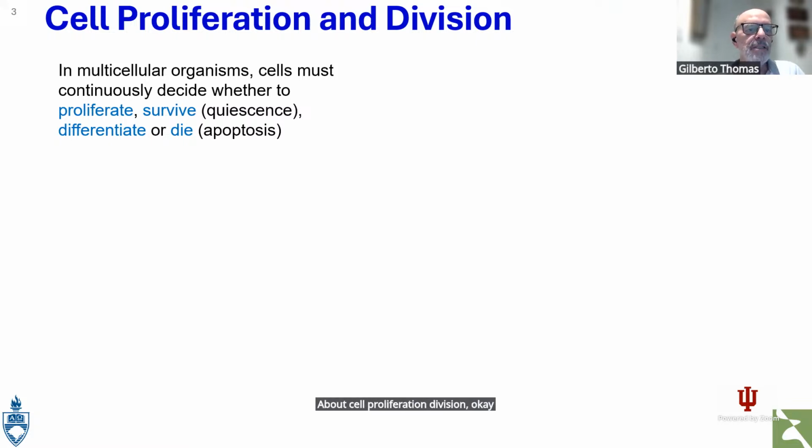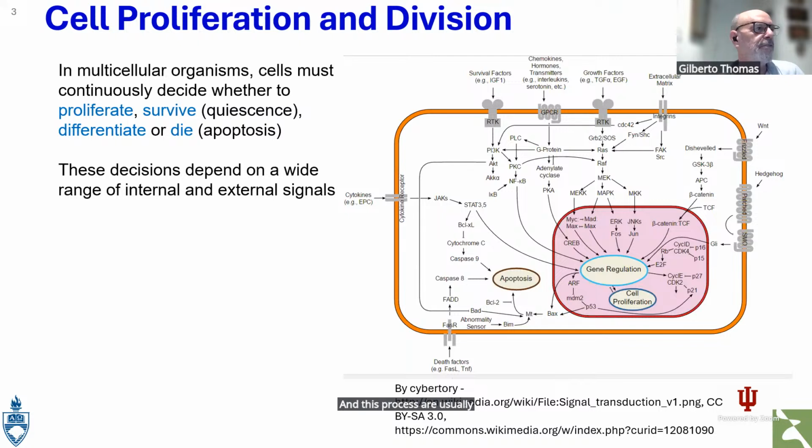Okay, so when the cell decides to divide, it is a consequence of a bunch of processes inside the cell, and these processes are usually divided into 4 categories: proliferation, survival, differentiation, or death.